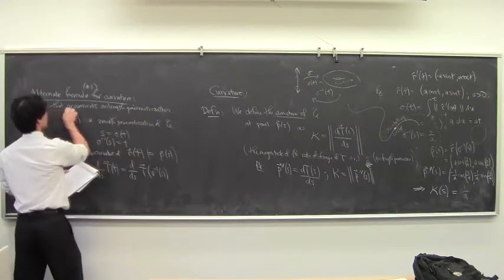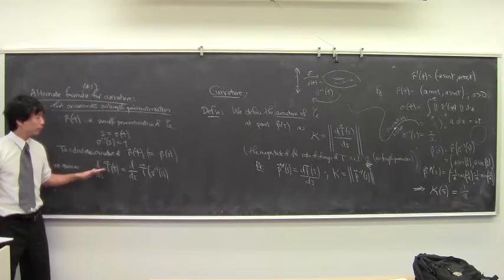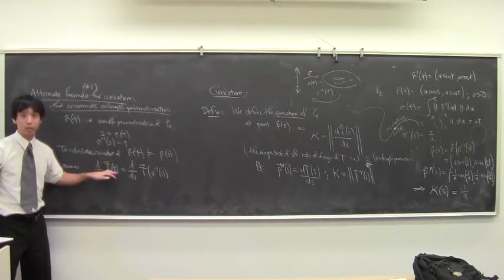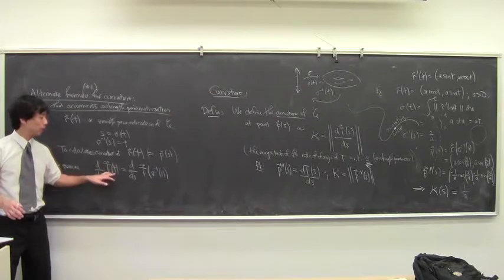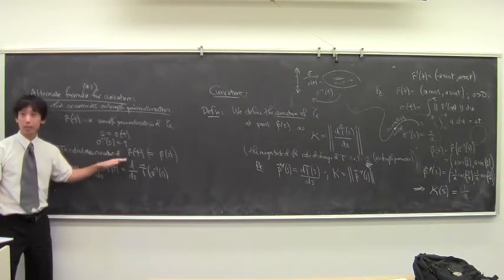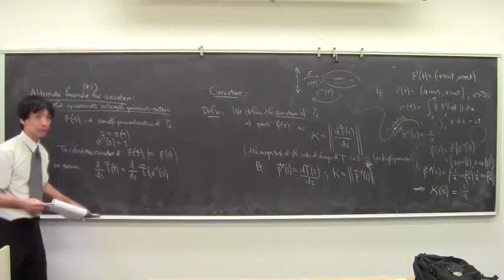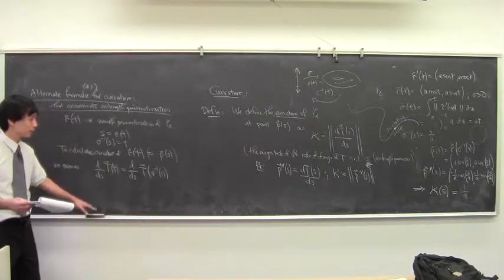Sorry, I should have made that clear. So we're going to create another formula that will allow us to go directly from the original parameterization rather than going through the arc length parameterization.